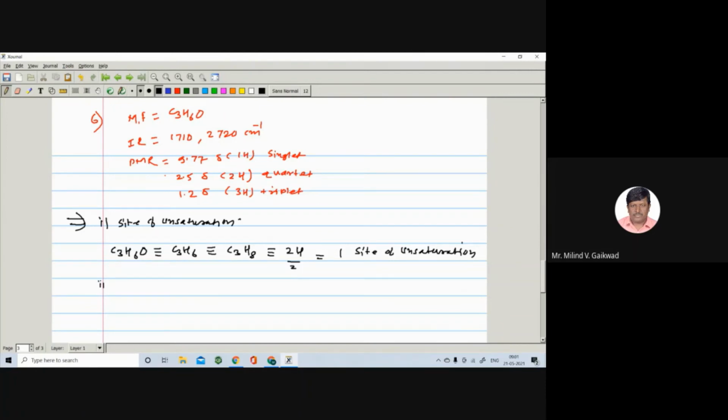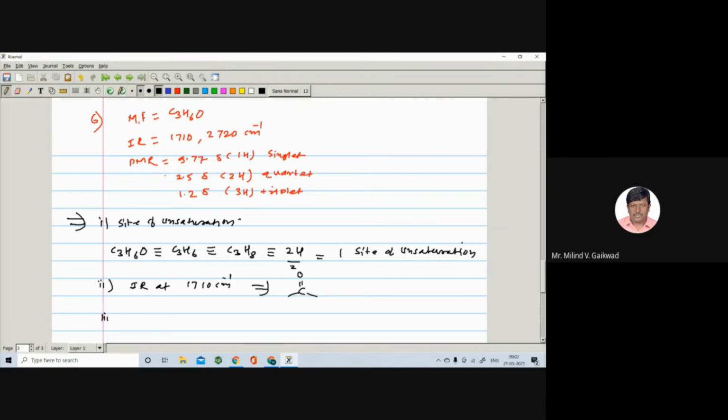Okay, now next one. Whatever things you know, you have to write, and if you don't know, leave it. You can start from the NMR, the PMR. Even if you don't know the IR, by using the PMR also you can write the structure. So IR at 1710 cm⁻¹ indicates presence of a carbonyl group, right?